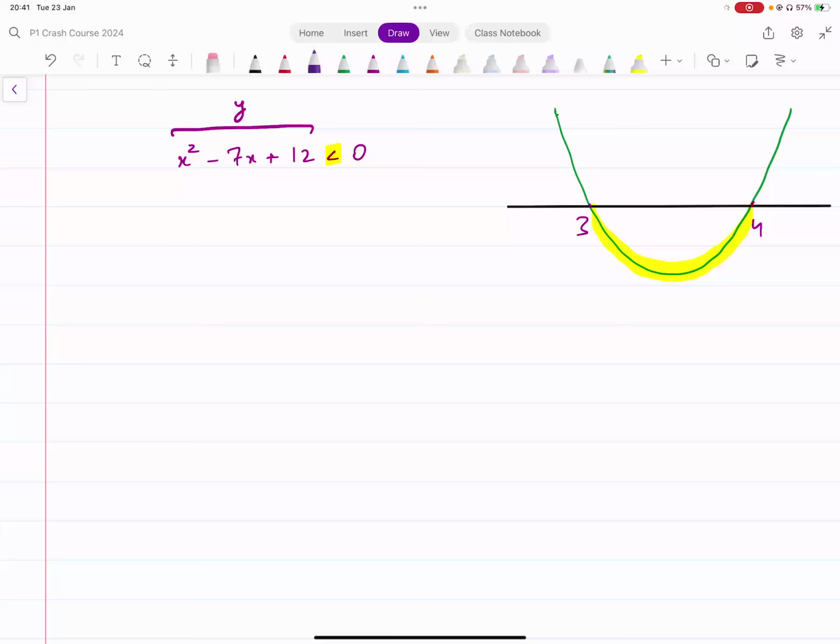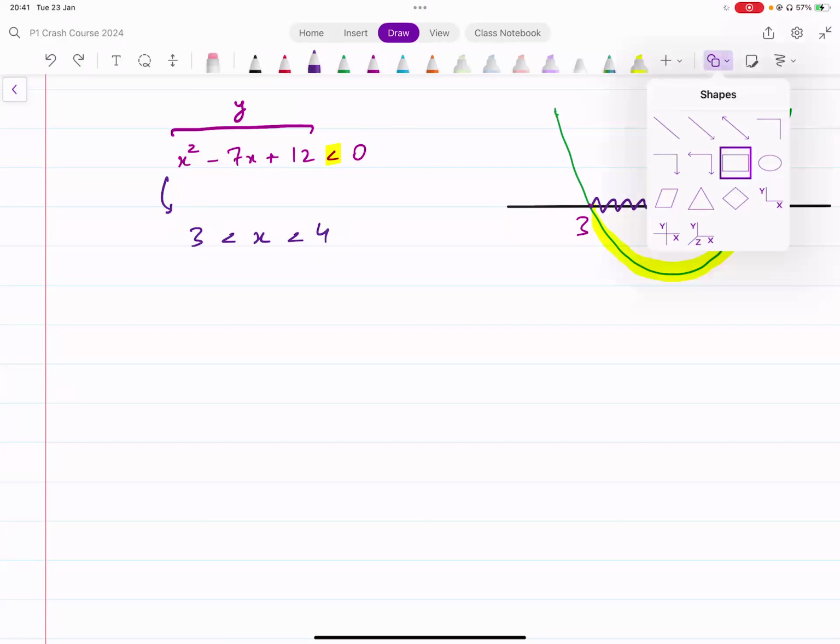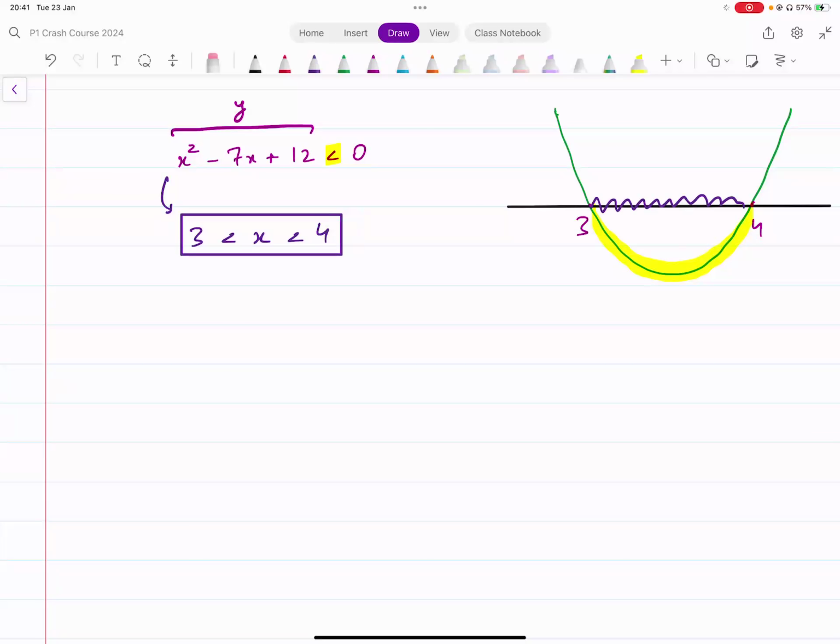So what values of x would satisfy this condition that the curve is below the x-axis? This is the region between 3 and 4. How are you going to write it? You'll say x is between 3 and 4. Okay, x is greater than 3 and it's less than 4. And that would be the solution to this inequality.